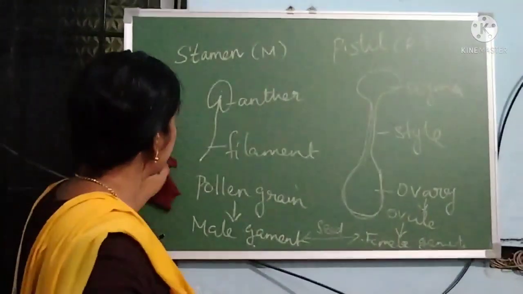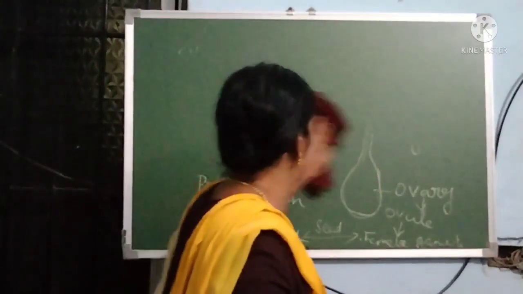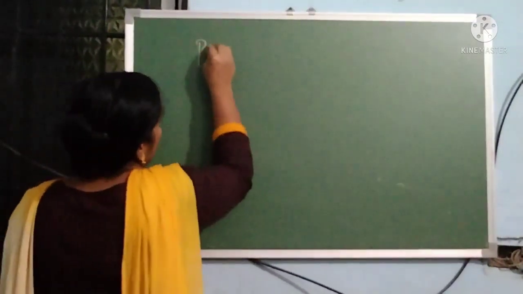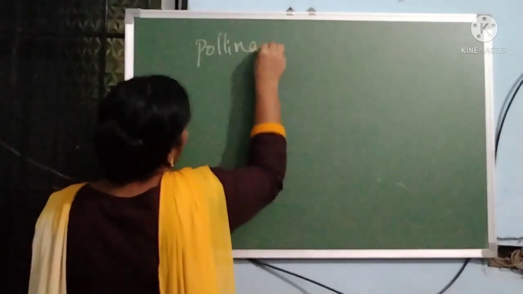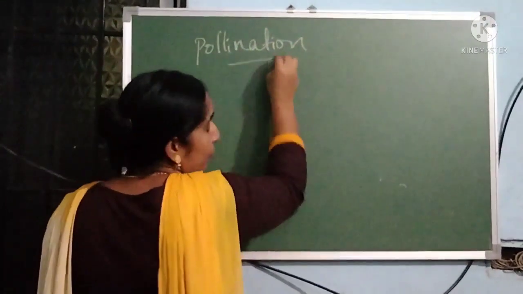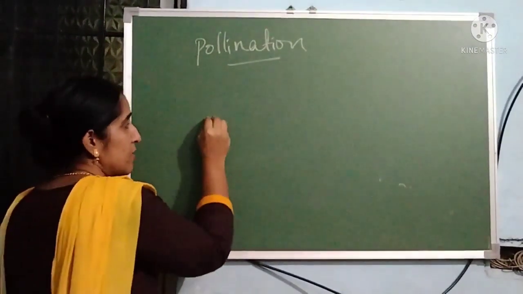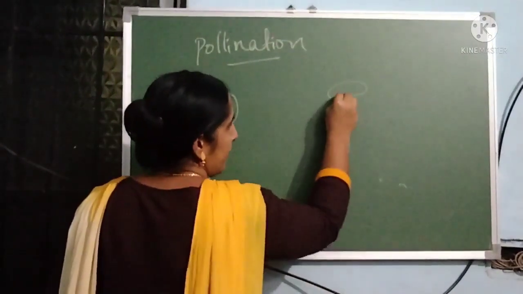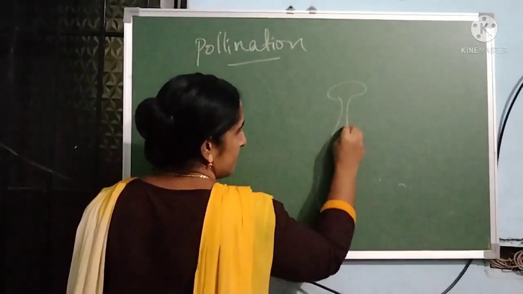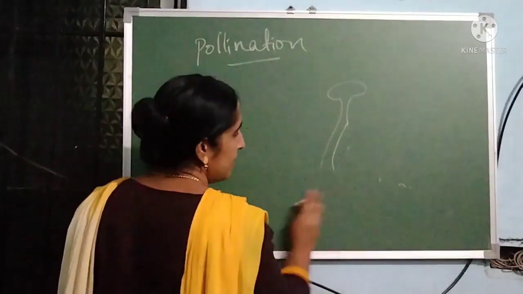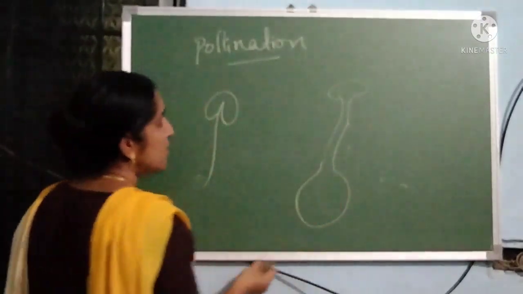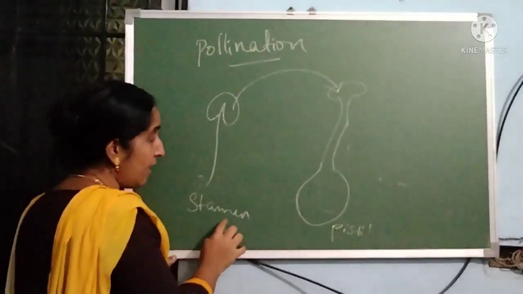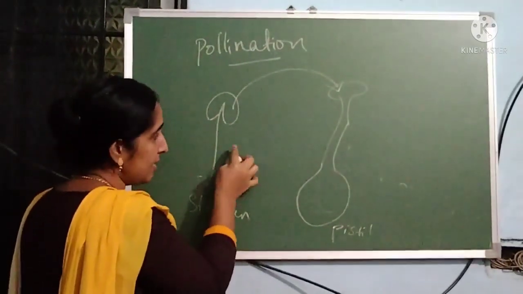Then the next topic is pollination. So what is pollination? This is an important one. Pollination is the transfer. So this is the male reproductive organ and this one is the female reproductive organ. Stamen is the male reproductive organ in flowers.